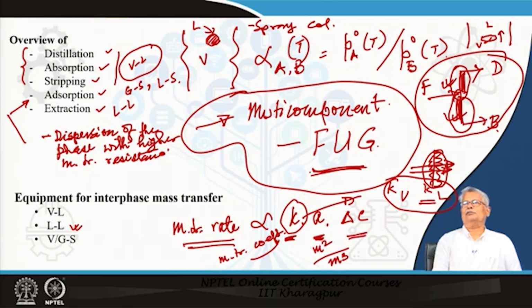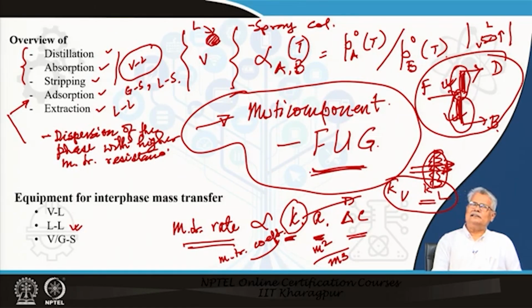So, naturally, if you have a large number of droplets made from the same quantity of fluid, the specific area would go up. There is one more thing which increases K, that is agitation. For example, in liquid, dispersion is there, but what you really require is a good amount of agitation, because in both phases the mass transfer coefficients are not very high.